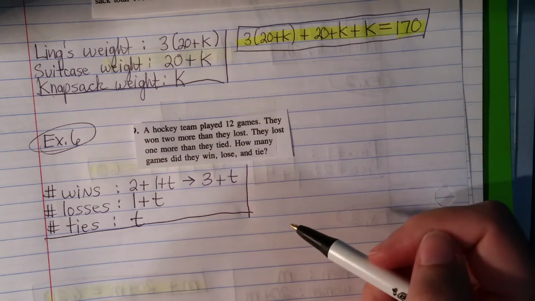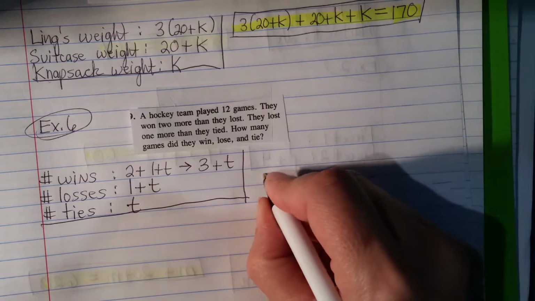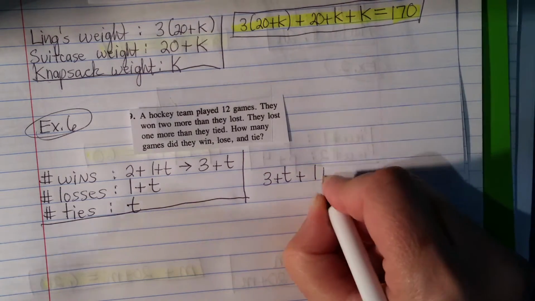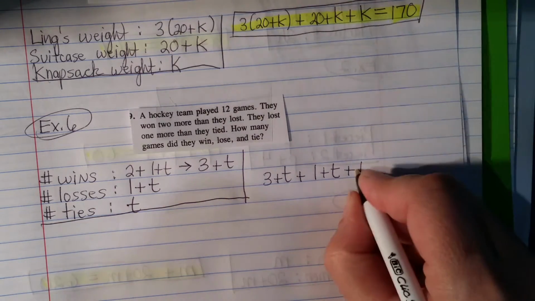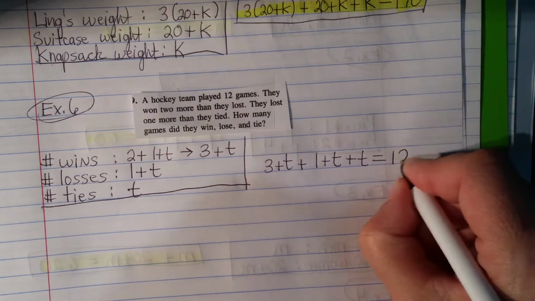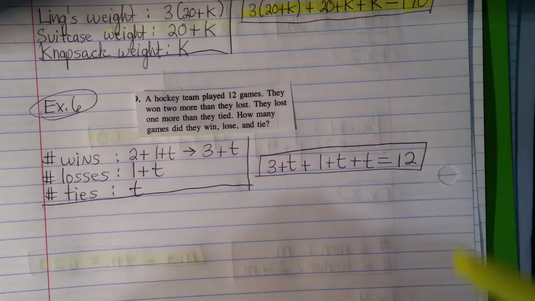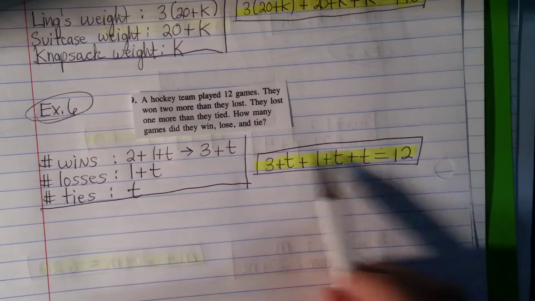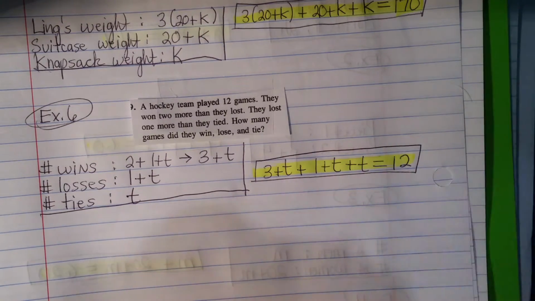We know they played 12 games in all, so all I need to do is put them together in a sentence. The number of wins plus the number of losses plus the number of ties equals the total number of 12. And that's the equation. One thing I didn't mention in the earlier examples is that you can leave it like this, but if you want to combine like terms and simplify the equation further, that's fine.